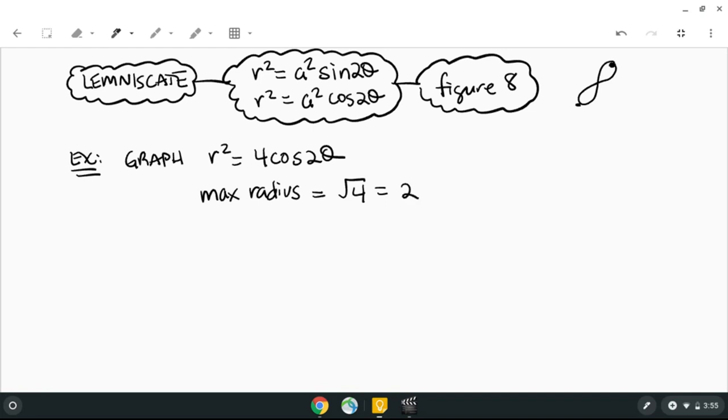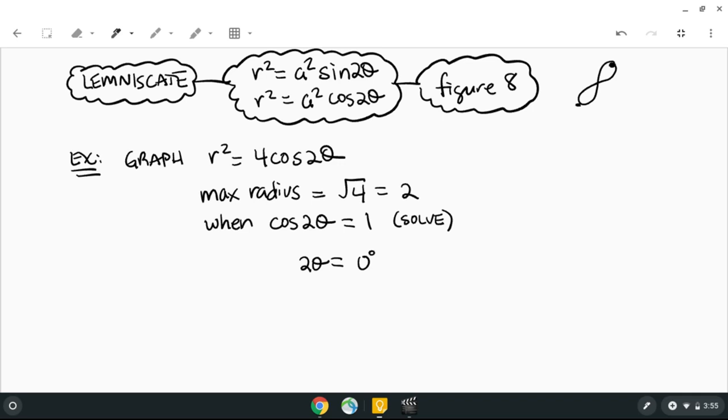And this happens when cosine is at its max, right? That would be when cosine 2 theta equals 1. The largest it can be is 1. So this is the equation that we're going to solve. Cosine 2 theta equals 1 when this angle is 0 degrees.